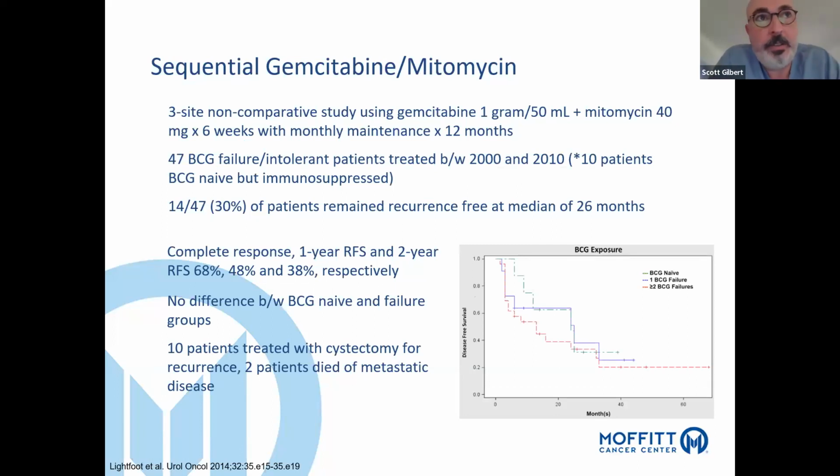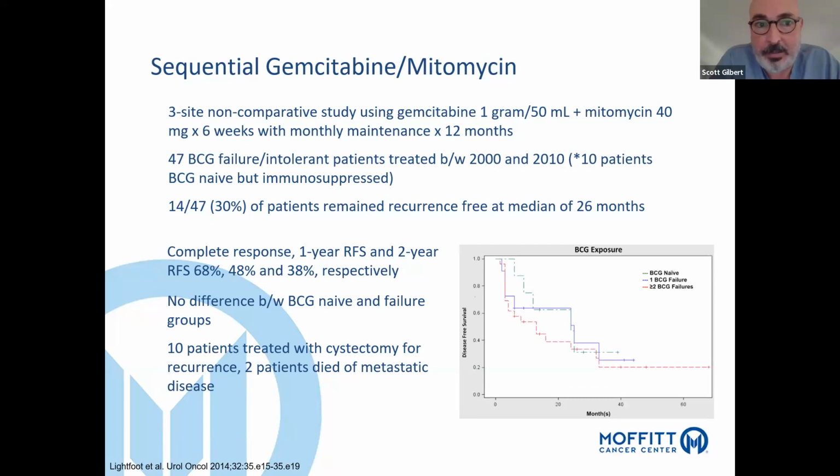So, we use multi-agent chemotherapy regimens for almost every urologic malignancy that we treat that's metastatic or in the neoadjuvant or adjuvant setting. So Badri Canetti and Mike O'Donnell both asked, why aren't we combining chemotherapy agents when we give intravesical therapy? They started with gemcitabine and mitomycin.